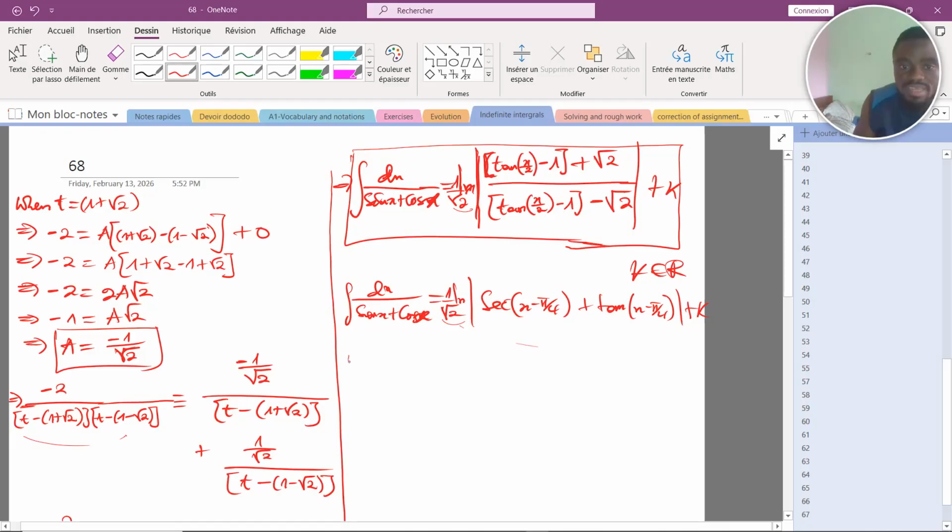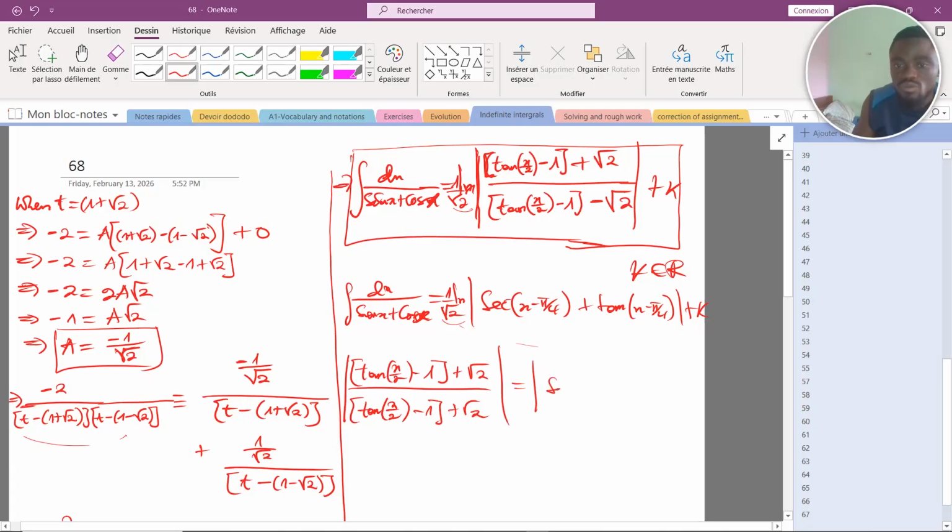We need to prove that the absolute value of tan of x on 2 minus 1 plus root 2 all over tan of x on 2 minus 1 minus root 2 is equal to what?